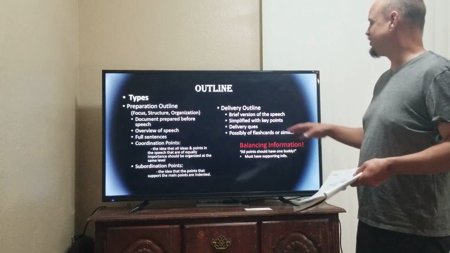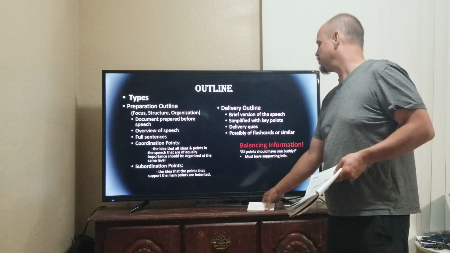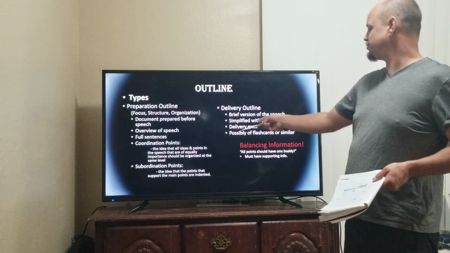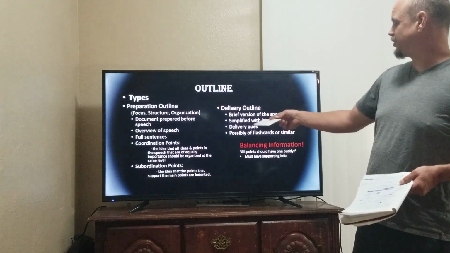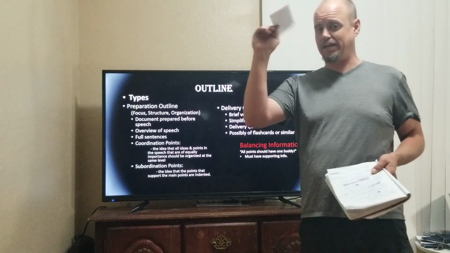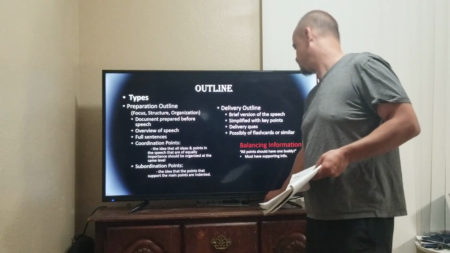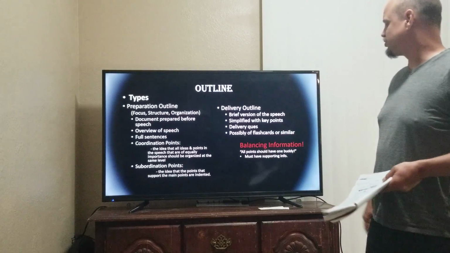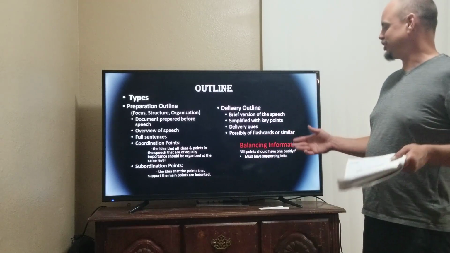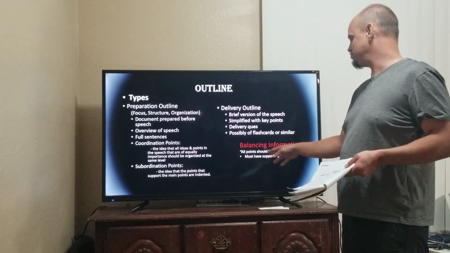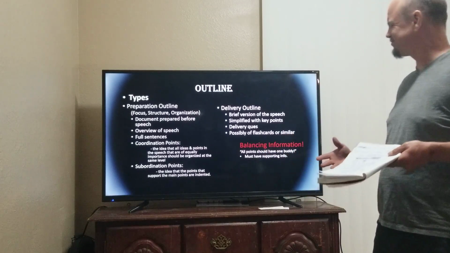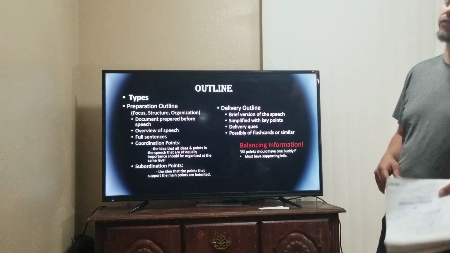Now, you also have a delivery outline, which is a brief version of the speech, simplified with key points, delivery cues, and possibly flashcards right here as a visual cue. You also want balancing information in there, so at all points you should have supporting info.